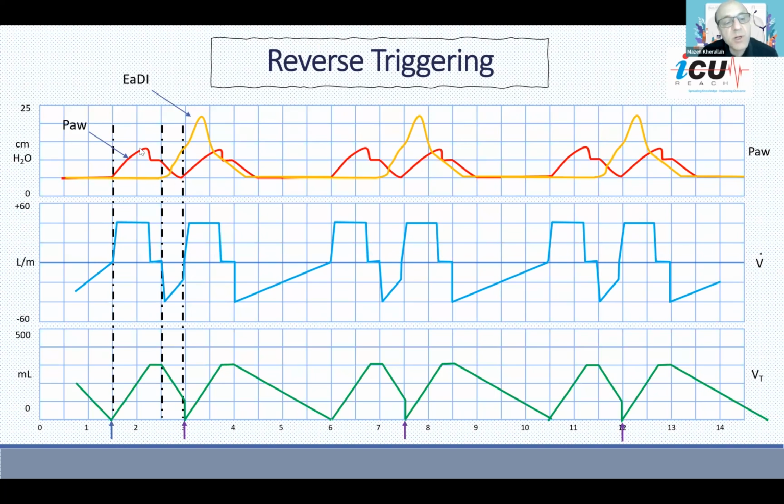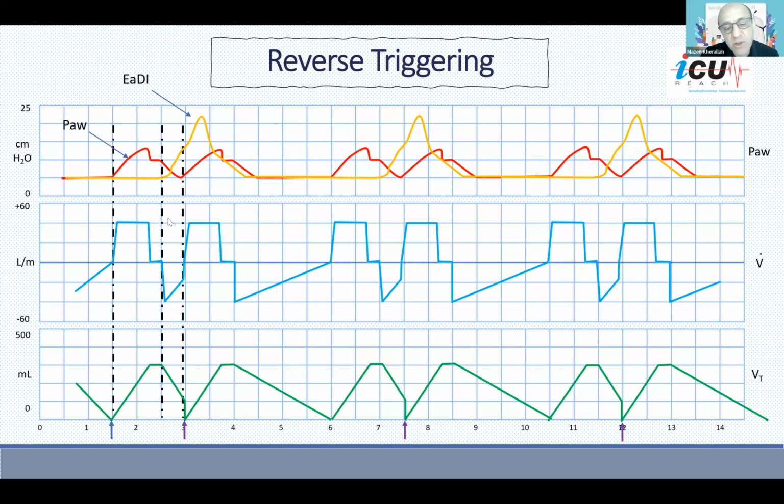And this is the inspiratory pressure for the first breath. Okay, this is the esophageal pressure, or I mean the diaphragmatic potential. You can see here how it is contracted again. The orange one is actually contraction of the diaphragm. So the second one is triggered by the contraction of that diaphragm caused by the first one.